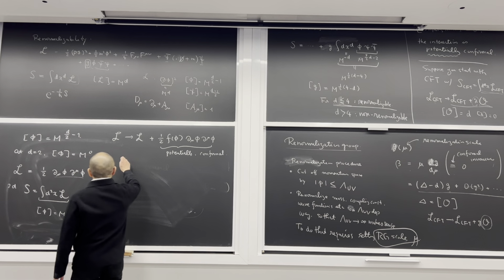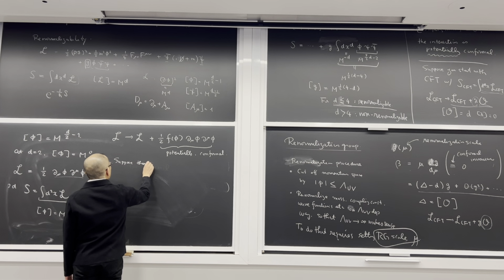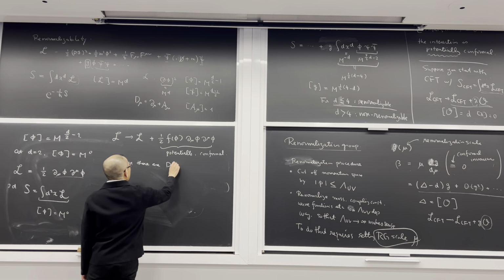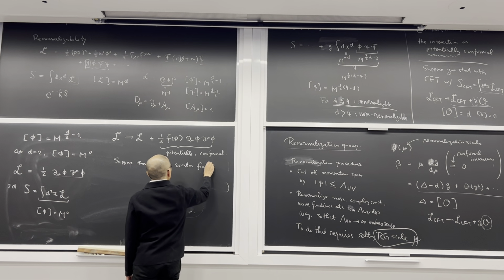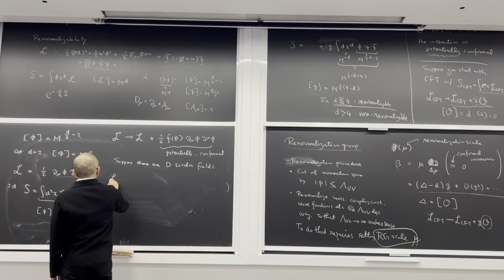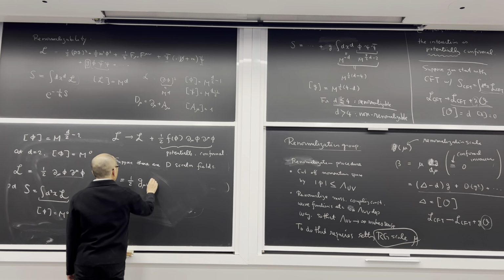And you can be more ambitious and do the following. Suppose you have D scalar fields. Then you can even consider a Lagrangian which takes the following form.